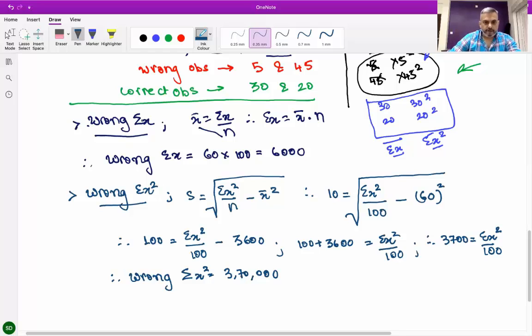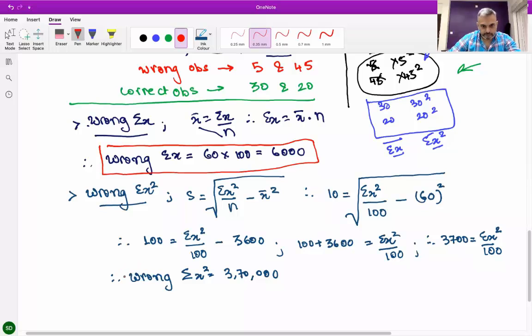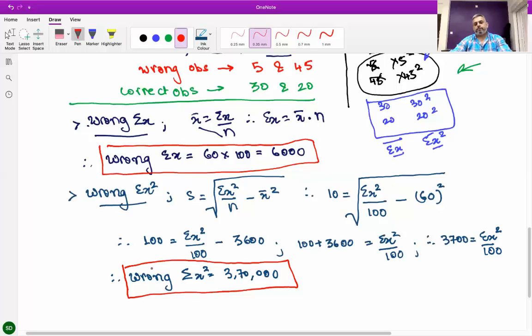So this is our wrong one. Let me mark it in red. These are the wrong ones, wrong sigma x and wrong sigma x square. This is both what we found out.